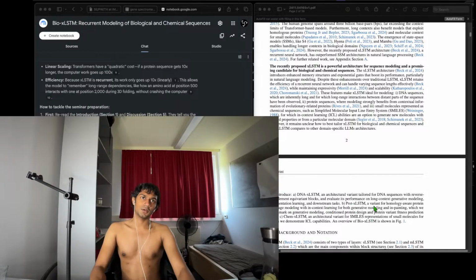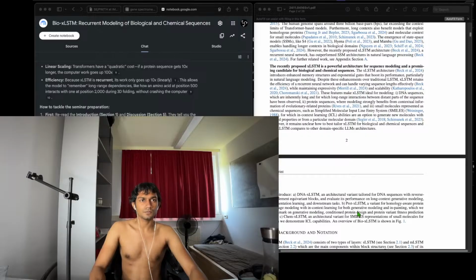Protein-xLSTM, a variant for homology-aware protein language modeling with in-context learning for both generative modeling and inpainting, which we benchmark on generative modeling, conditional protein design, and protein variant fitness prediction tasks.